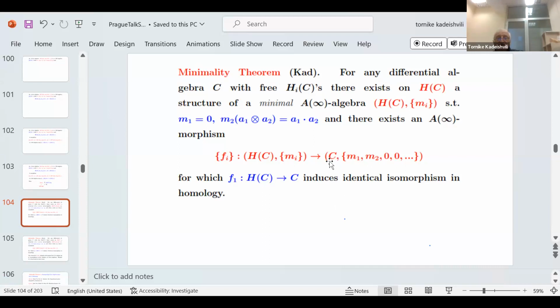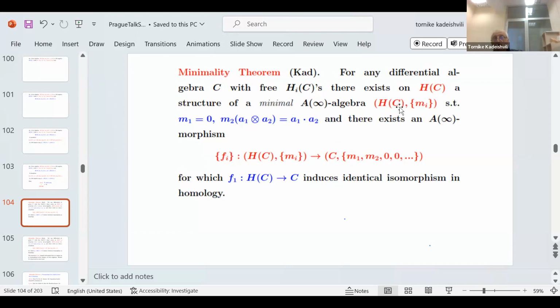Remember our story, C and HC. C is a differential algebra with differential M1 and let it be M2, not mu. And the minimality theorem shows that there is an inductive method to produce here not only M1 equals 0 and M2 is multiplication in homology, but there also appear M3, M4, and so on.